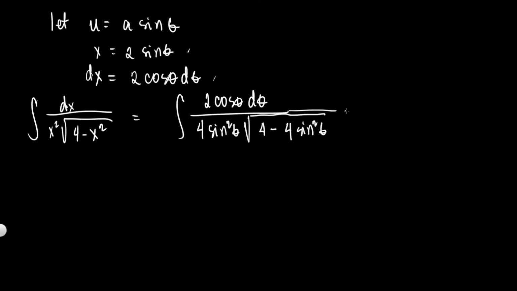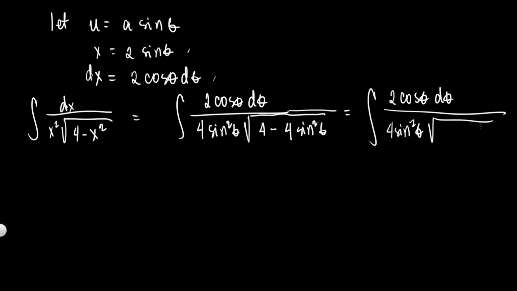Okay? So, this is equal to 2 cosine theta d theta over 4 sine squared theta. Factor out natin itong 4. So, 4 times 1 minus sine squared theta. And 1 minus sine squared theta is cosine squared theta. Okay na?